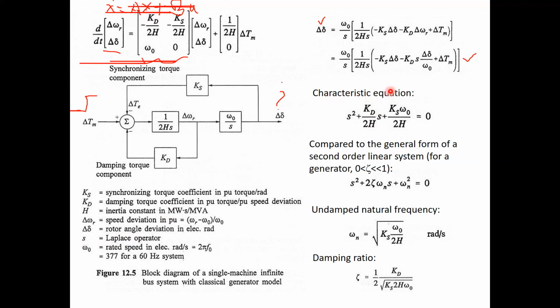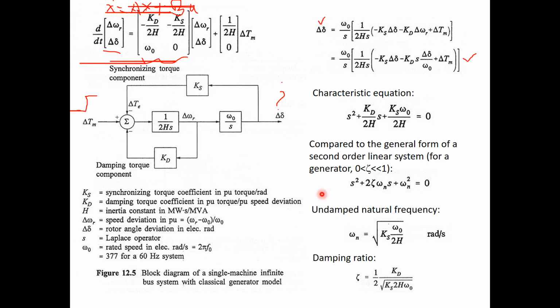And remember, the characteristic equation is to be equated with 0. I'm not sure, maybe in your advanced control course you will have some discussion about the characteristic equation in this form.